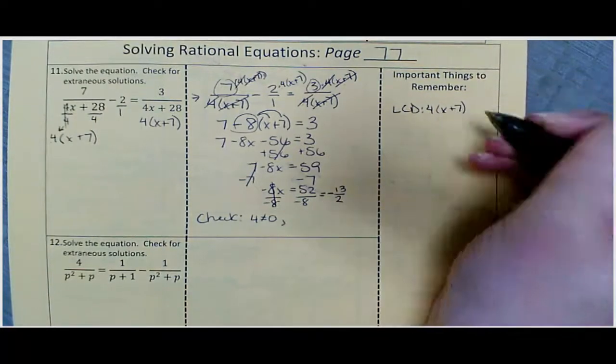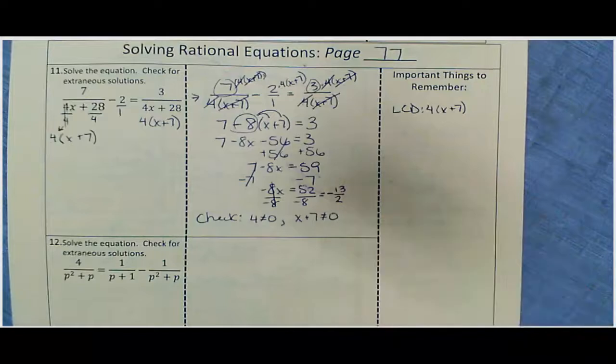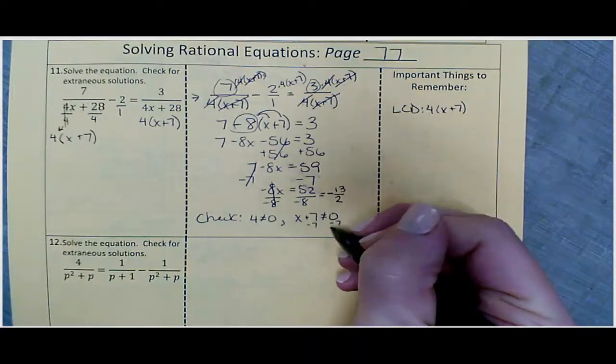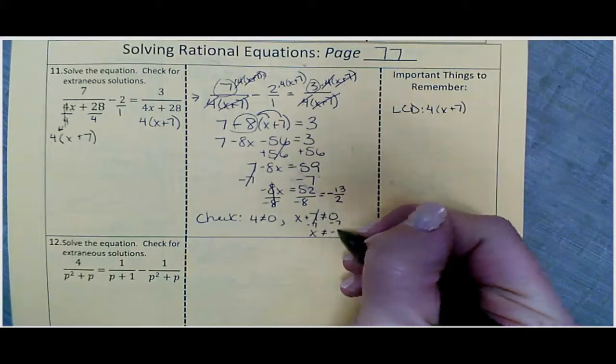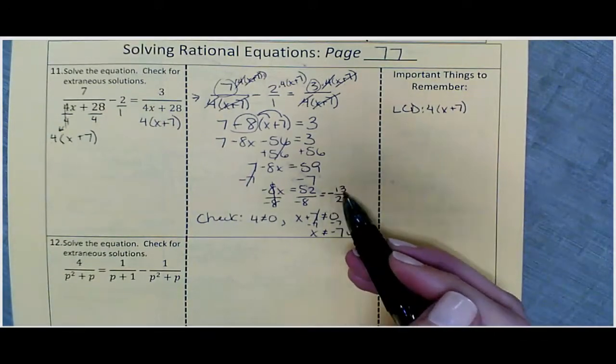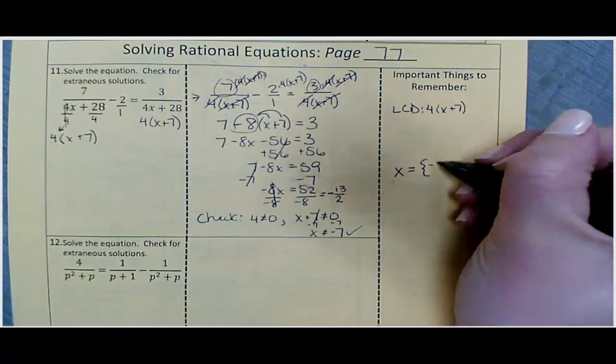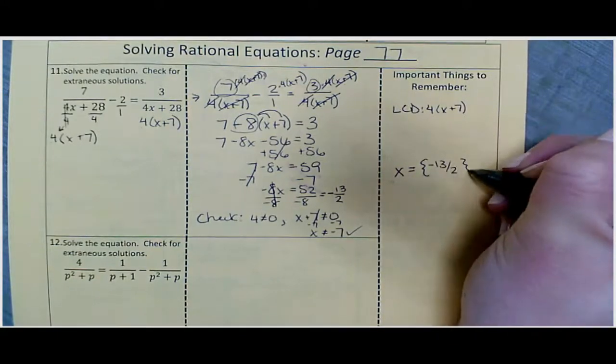Then I set x plus 7 not equal to 0. I don't want denominators of 0, because that can't happen. So x cannot be negative 7, which is not a problem because x is not negative 7, it's negative 13 halves. So my solution is negative 13 over 2.